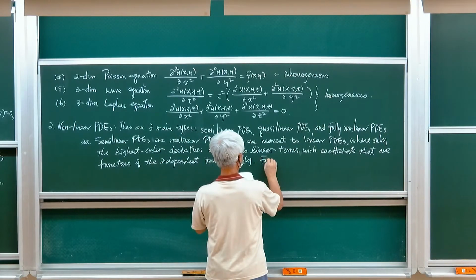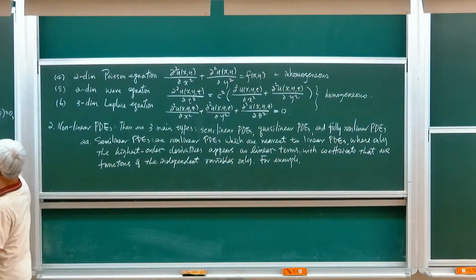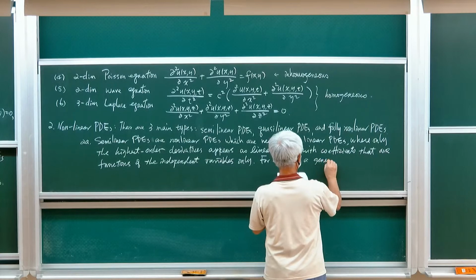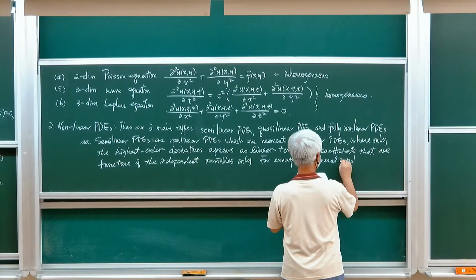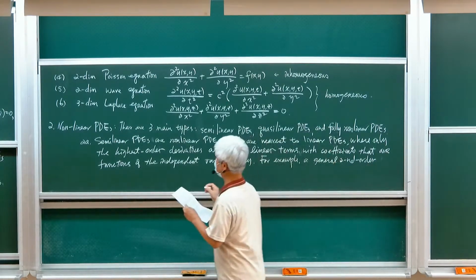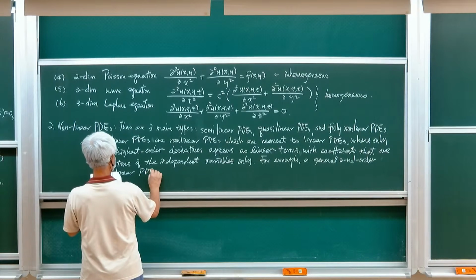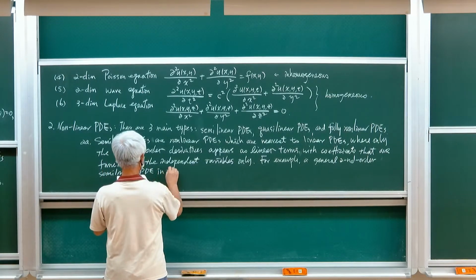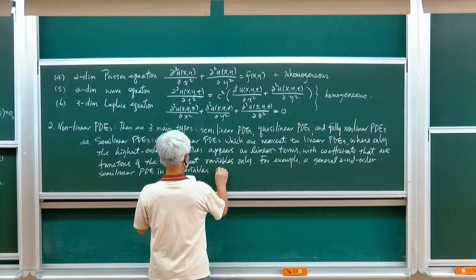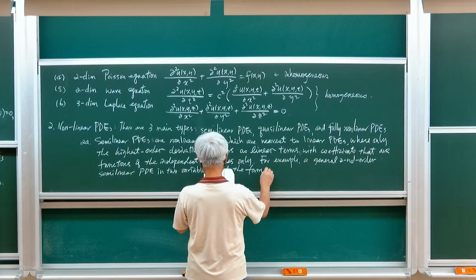All right, so let's take an example. A general second order semi-linear PDE in two variables is of the form shown.